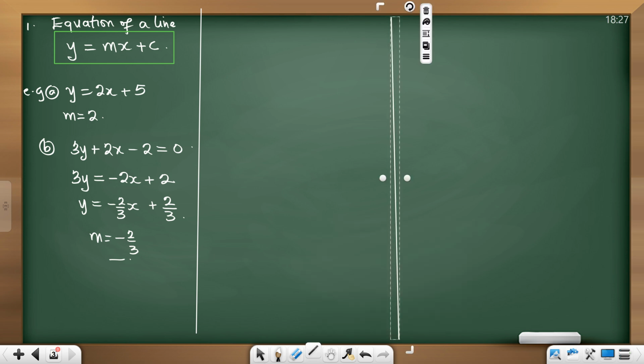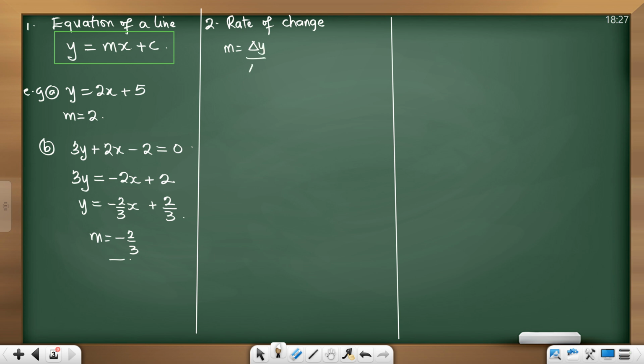Number 2. The rate of change. So gradient will be what? Change in y over change in x. y2 minus y1.